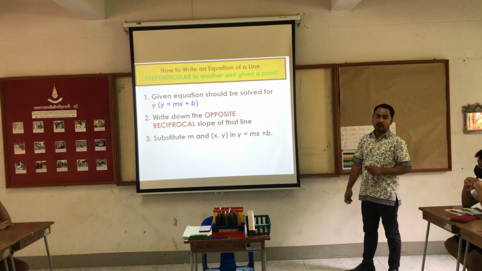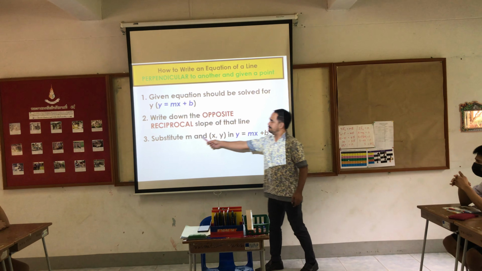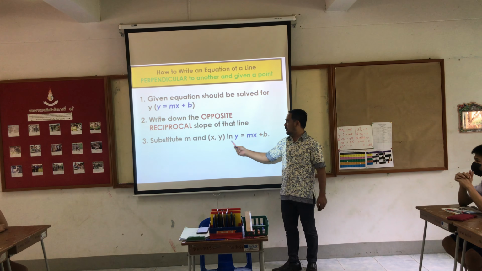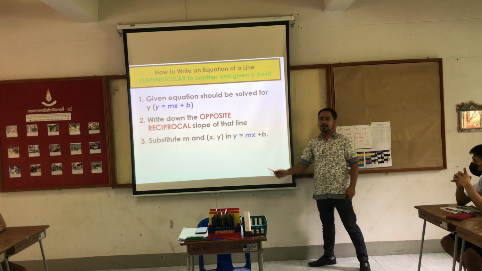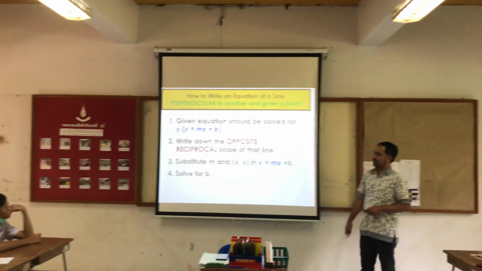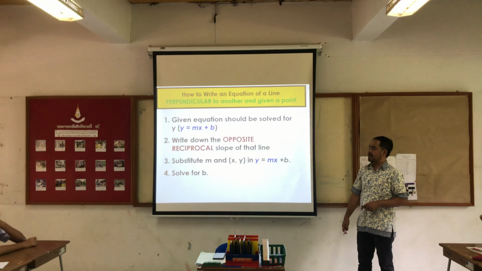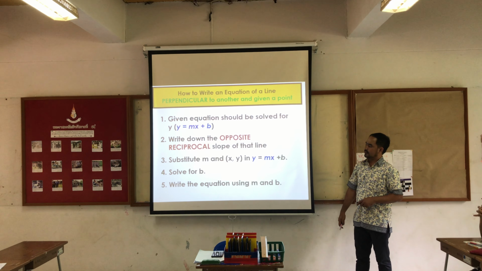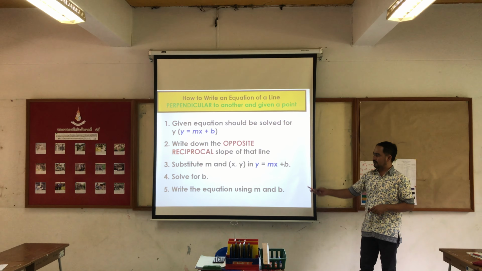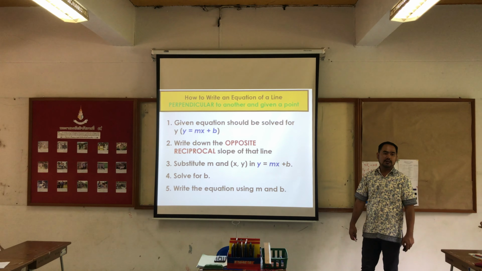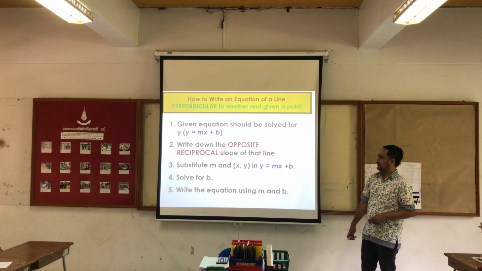Number 3, we're going to substitute m, x and y. So we are going to find the b. Number 4, solve for b. Okay? And then the last one, we're going to write the new equation of the perpendicular line.